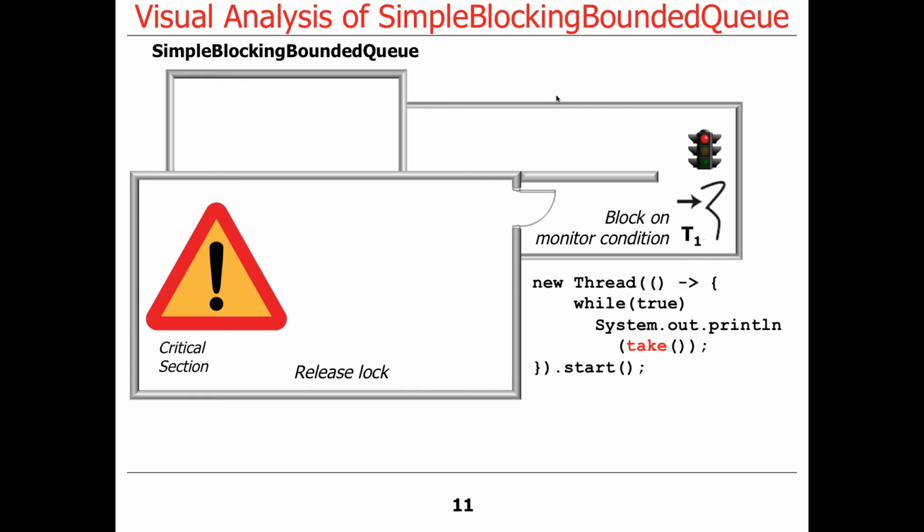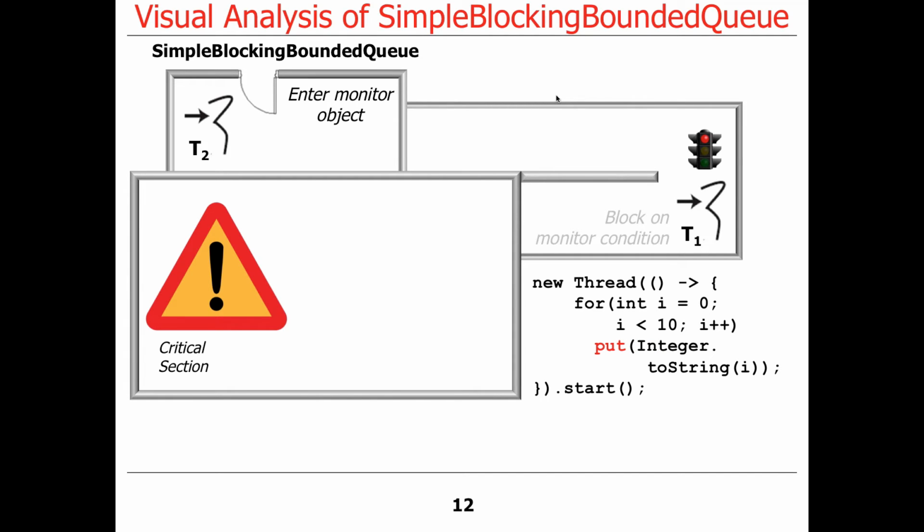So thread T1 will be asleep on the wait queue, and of course that'll also release the monitor lock so someone else can come along and put something in the queue. If the monitor lock wasn't released, then we'd have deadlock, which is why if you take a look at your programming solution for the fair queue, you have to be very careful that you release the intrinsic lock or you'll end up with deadlock, which is not a good thing.